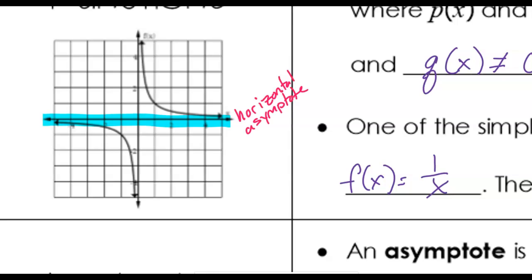And its equation is y equals 0. We have a horizontal asymptote at y equals 0. We also have a vertical asymptote at x equals 0.